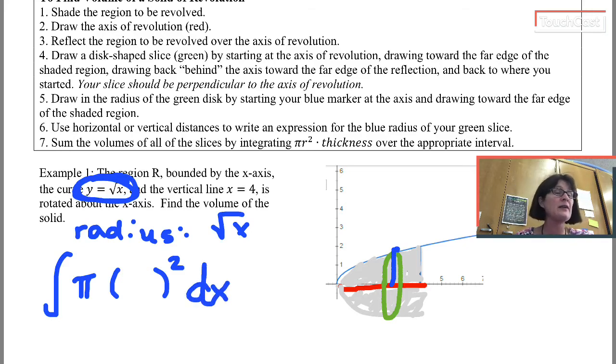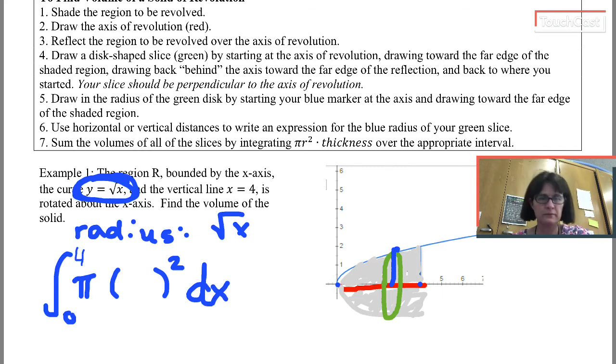Now I can tell that I'm writing an integral with respect to x, which means my limits are going to have to be x values, the lowest and highest x value that my shading touched. So in this case, it's from 0 to 4. That's a 4. Didn't really look like a 4. My marker's so thick.